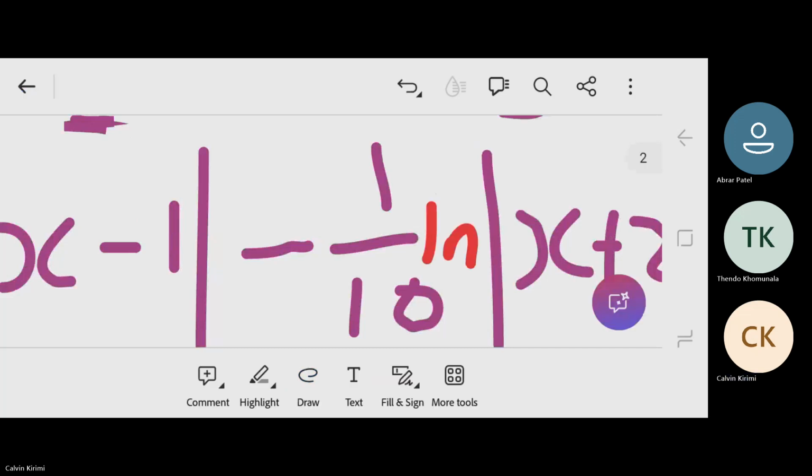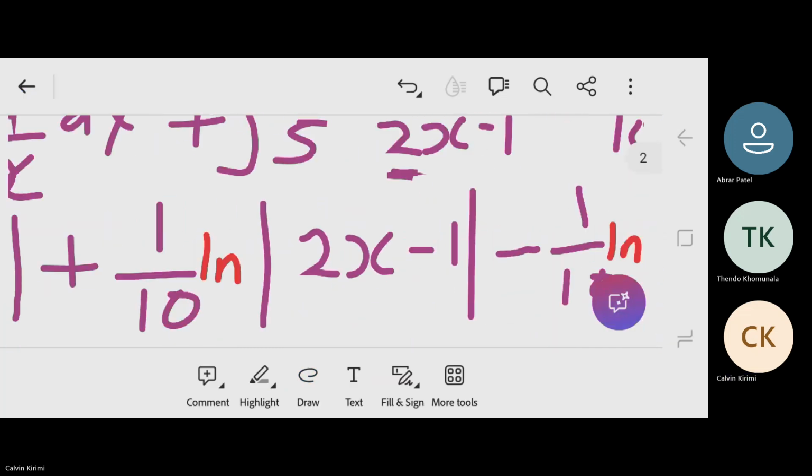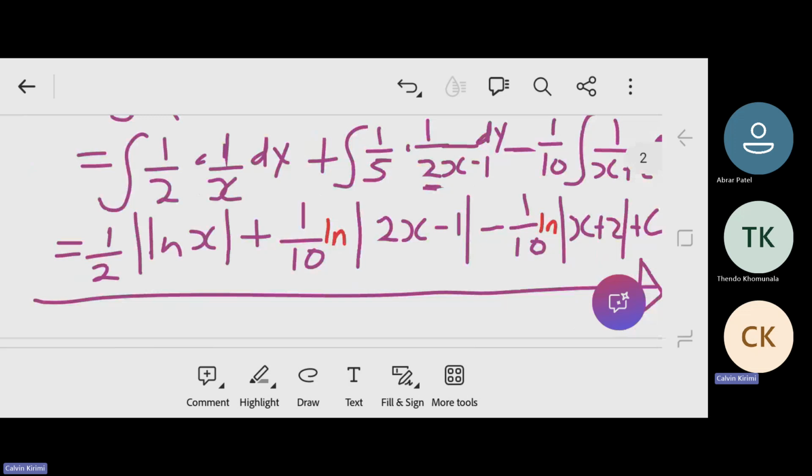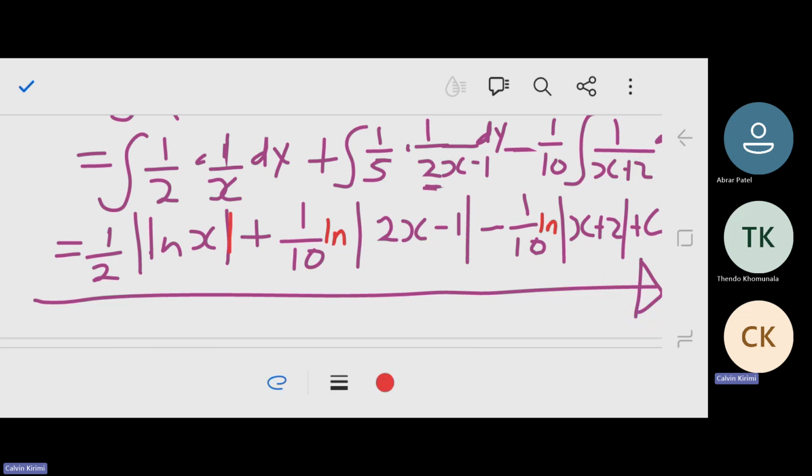Ln absolute. Yeah, I think it's correct. There's the ln of absolute, ln of that, absolute x. So we leave that.